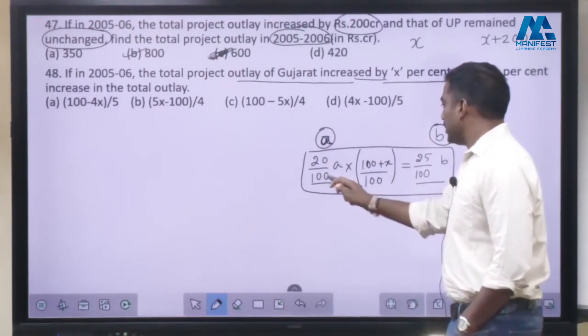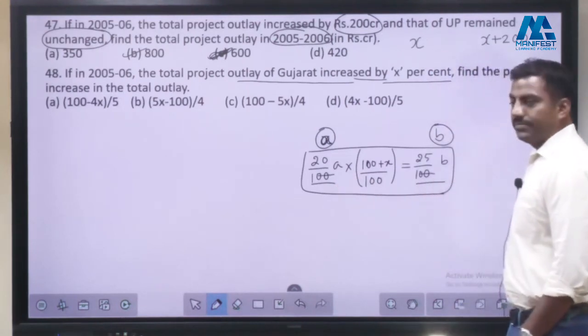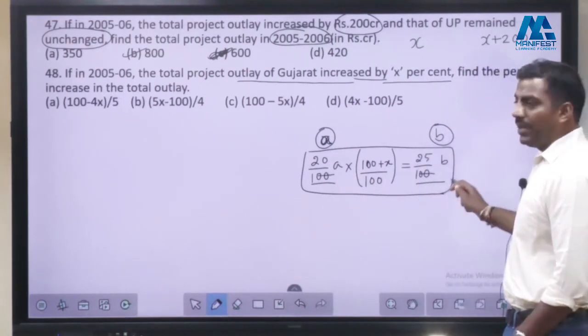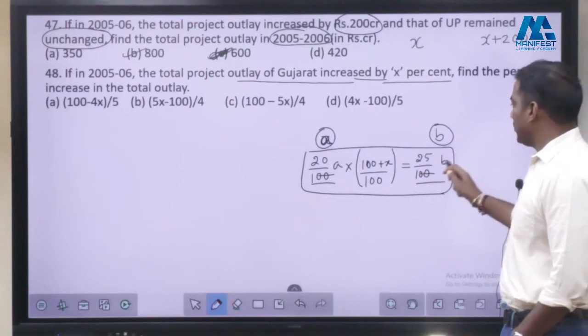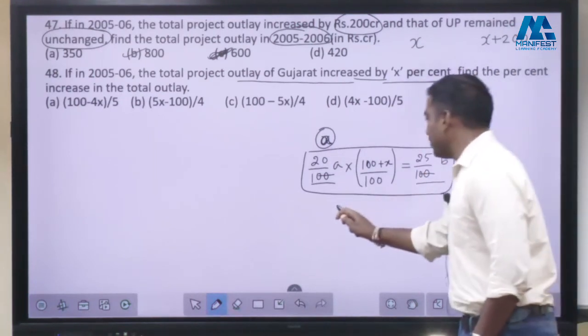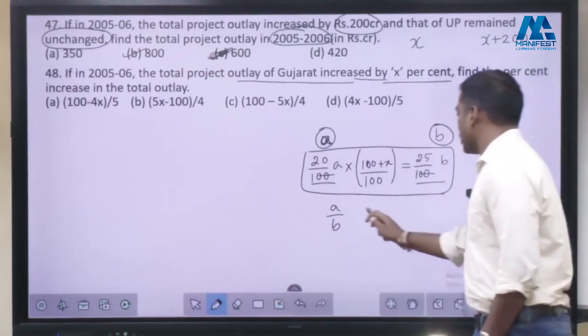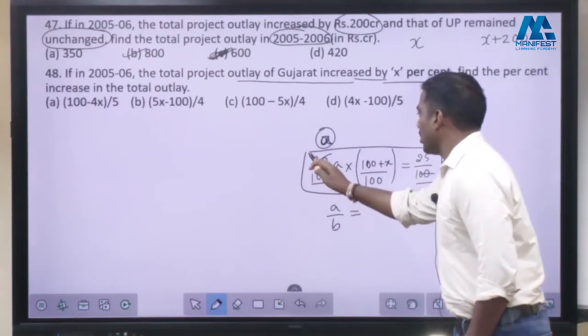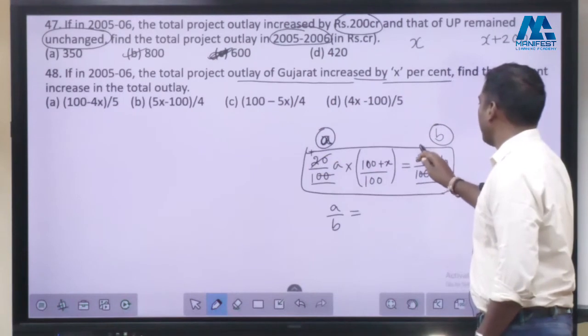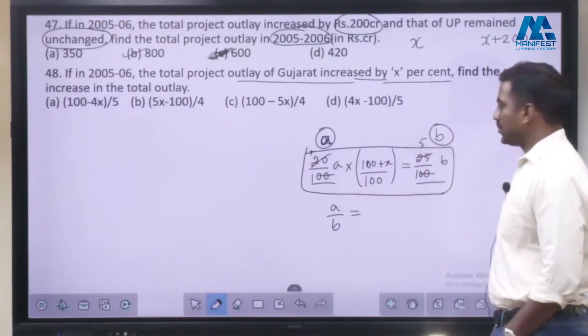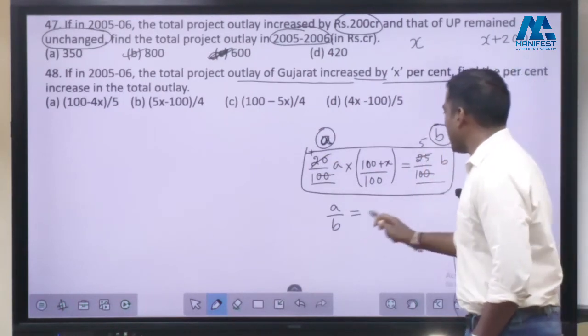Now, these zeros get cancelled. Now, simply put A by B. Here, 5 4s and 5 5s. So what will happen? A by B will come here.